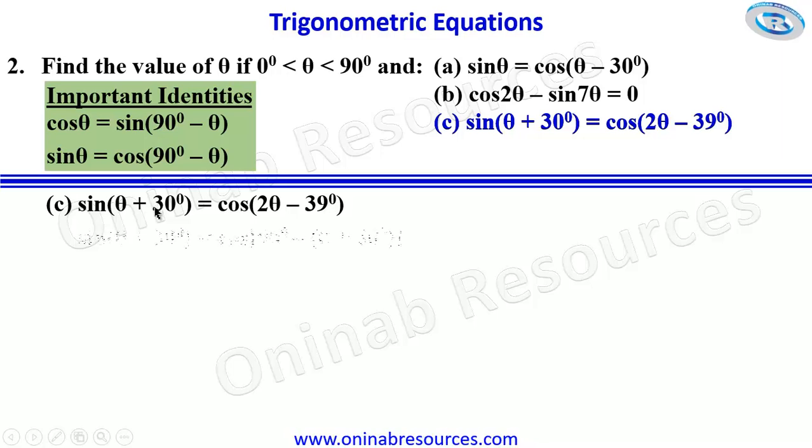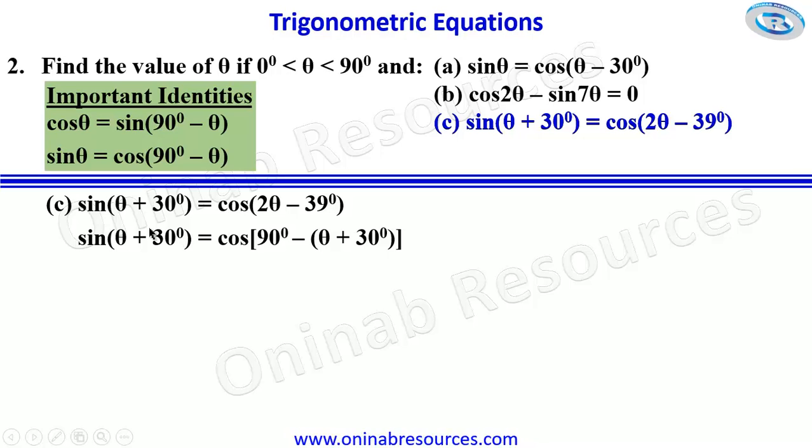So we are going to present it as sine theta plus 30 degrees is equal to cos 90 degrees minus (theta plus 30 degrees). We place the theta plus 30 degrees inside the bracket, because you are at the same time going to subtract theta and 30 degrees.